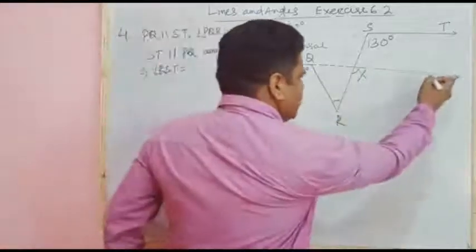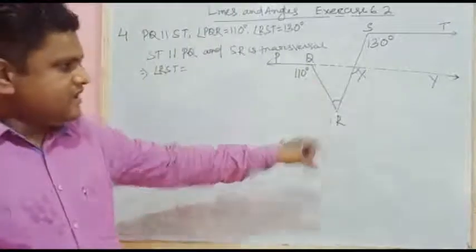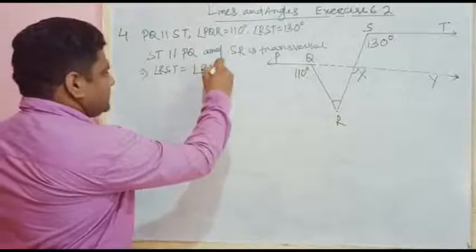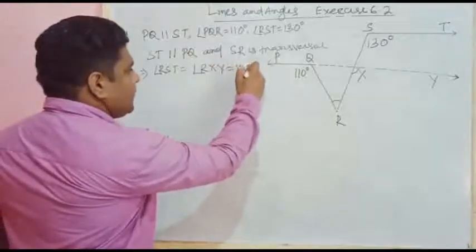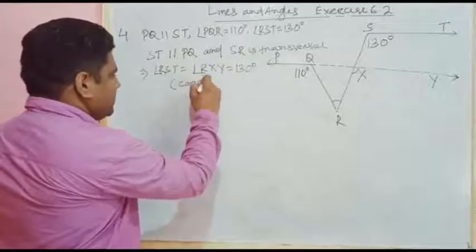Let this point be Y, so it will be easy to name that angle. So RXY is equal to 130 degrees. We have to write corresponding angles.